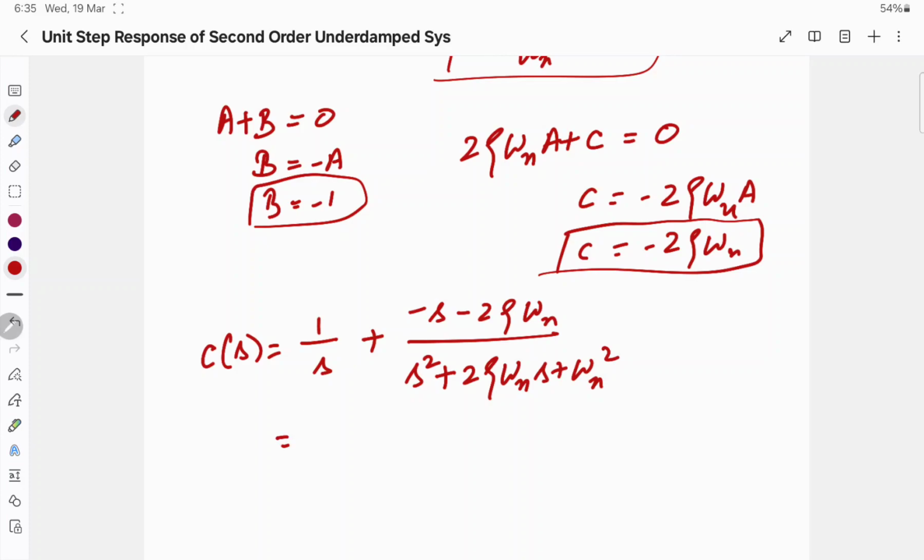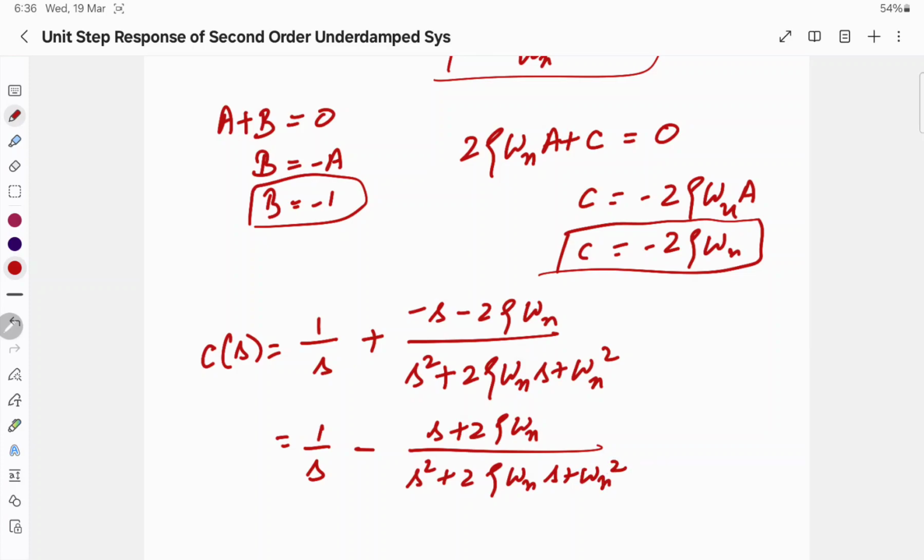Take the minus outside the second term, so it will be 1 by s minus s plus 2 zeta omega n whole divided by s square plus 2 zeta omega n s plus omega n square. So this is your c of s.